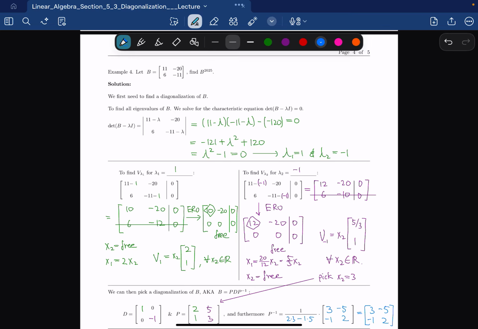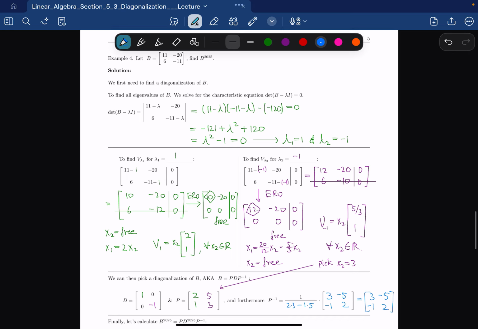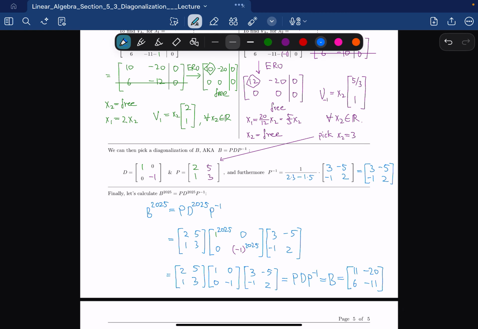Okay. Now, this is basically it for the section, and basically it for our class relating to diagonalization, eigenvalues, eigenspaces, eigenvectors, all the eigen stuff. Okay, but for the sake of introduction, I'm going to tell you a little bit more about what else we can do with this topic, or similar topics.